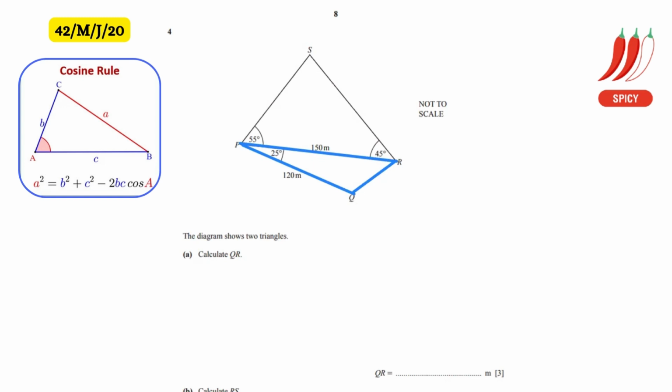So to use the cosine rule, we need two lengths and the angle between them. Or if all three lengths are given and they want you to find the angle, then you can also use the cosine rule.